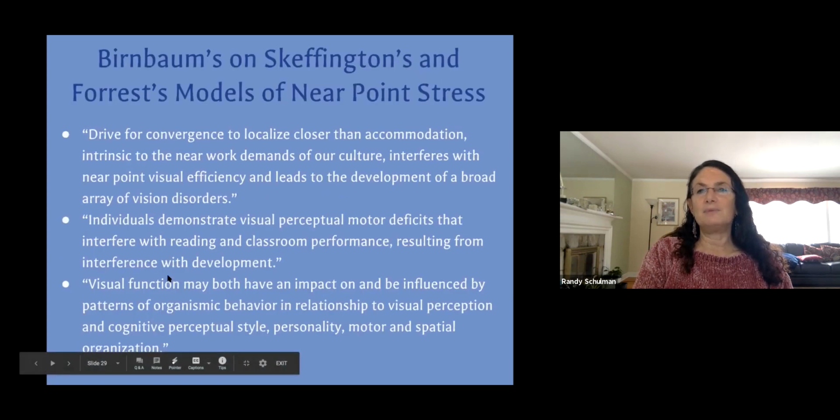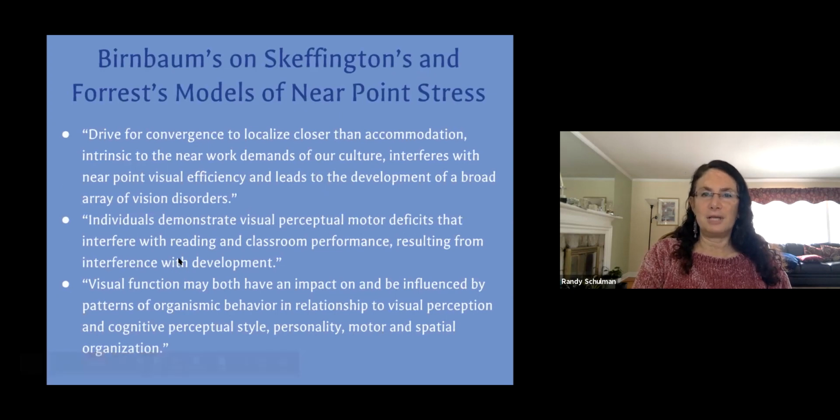So Birnbaum pretty much compiled, in that book that I was telling you about, Skeffington's model, Force model, and said that that drive for convergence to localize close accommodation is intrinsic in our culture, and it's just getting worse, and it's going to interfere with our near point visual efficiency and lead to a whole host of vision problems.